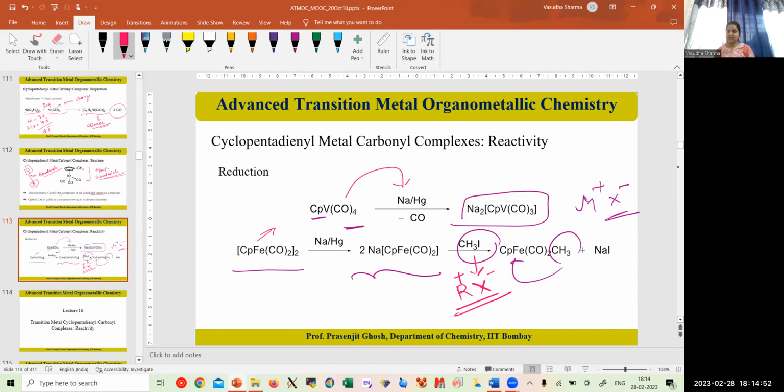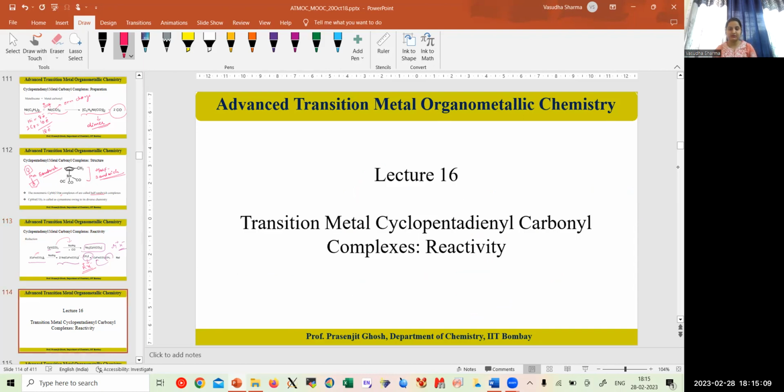Since the complex has the negative charge, it will take up the CH3 because of its positive nature, and NaI would come out. So this becomes the reactivity: we can now attack an electrophile with the negative charge on the complex because of the presence of the carbonyl group inside the complex.